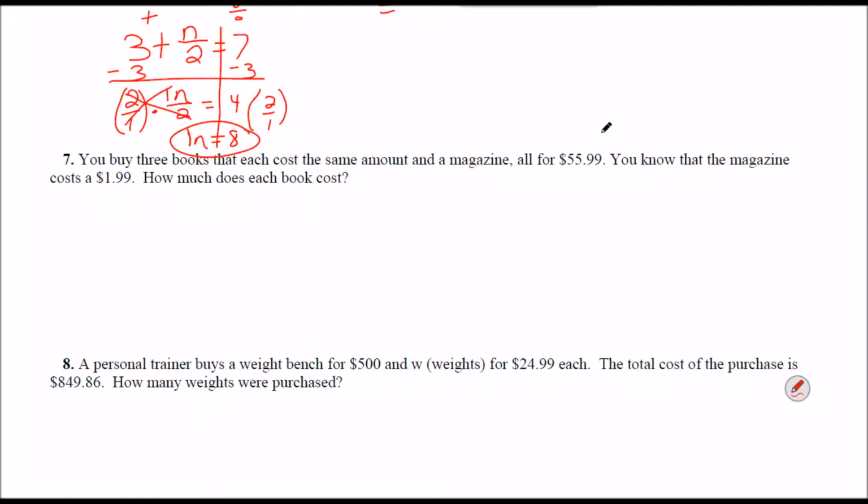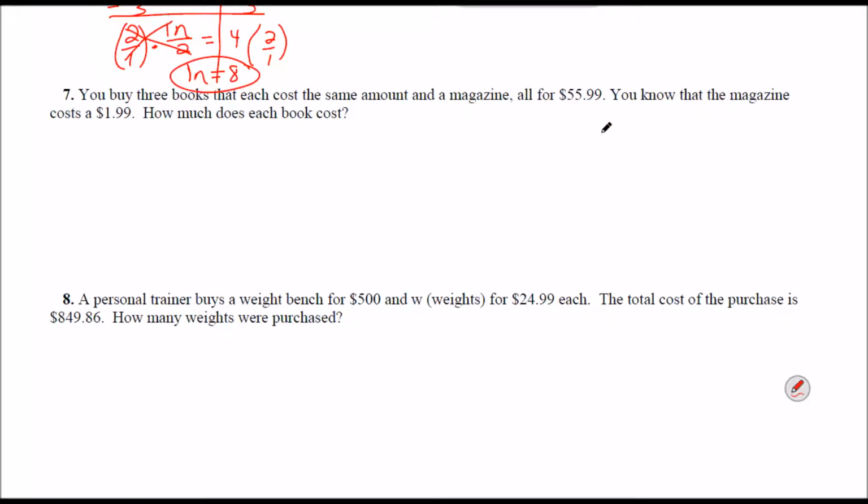Number 7 says you buy 3 books that each cost the same amount, and a magazine, all for a total of $55.99. You know that the magazine costs $1.99, so how much does each book cost?